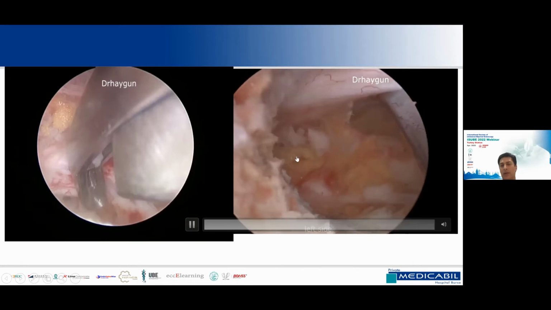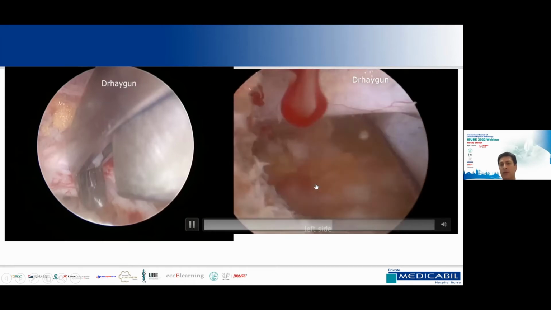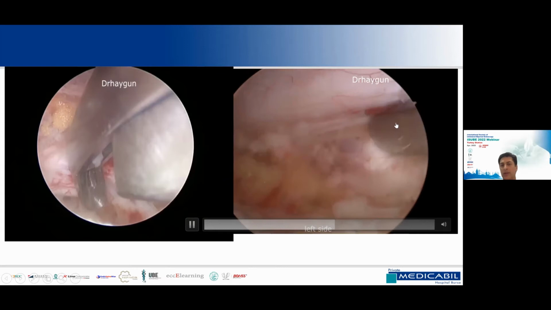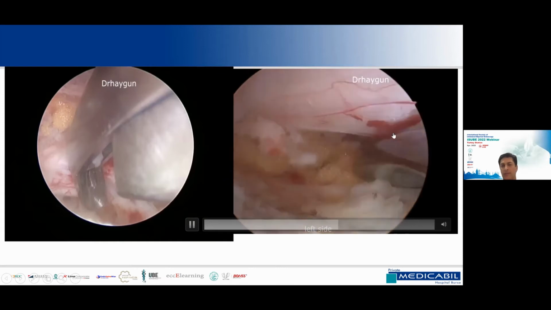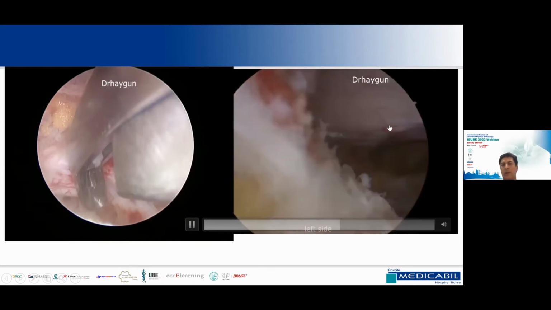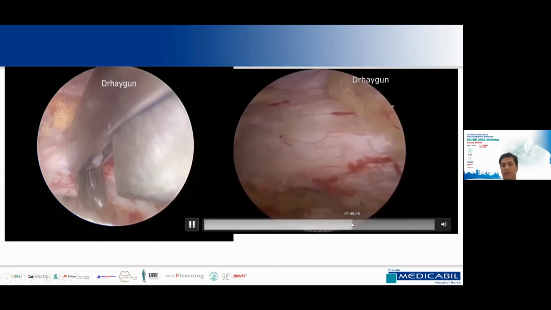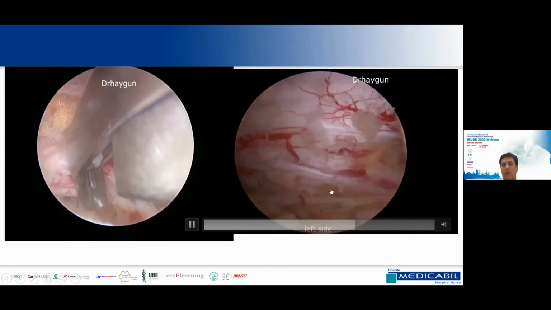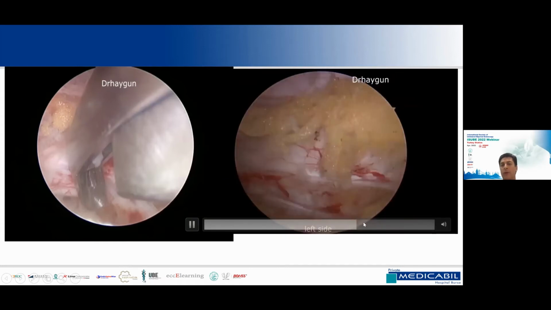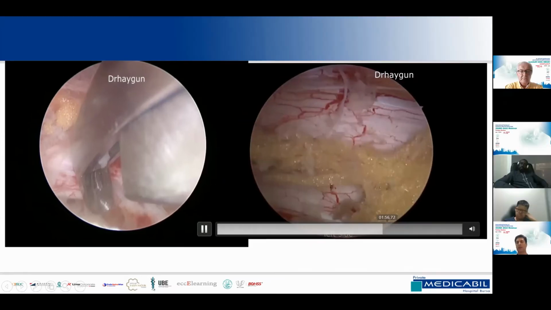Yes, here is the exiting nerve root, ipsilateral, and the disc. And this is contralateral again. Yes, we did foraminal decompression in one level.